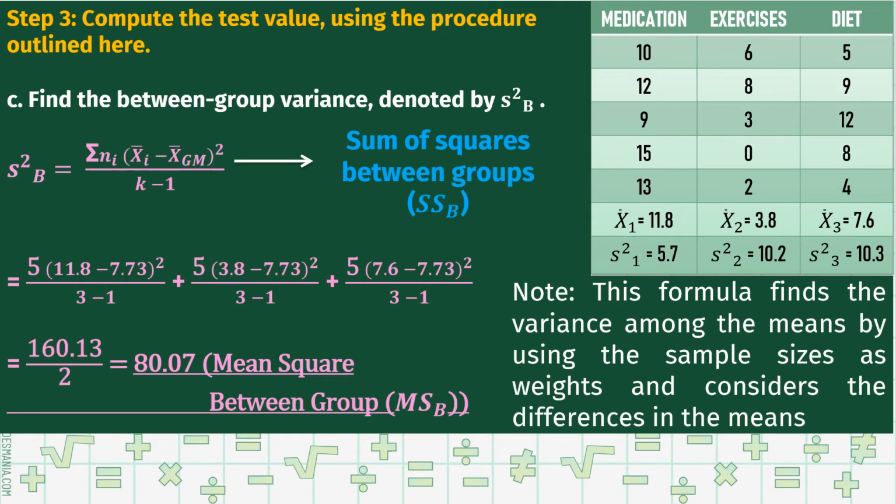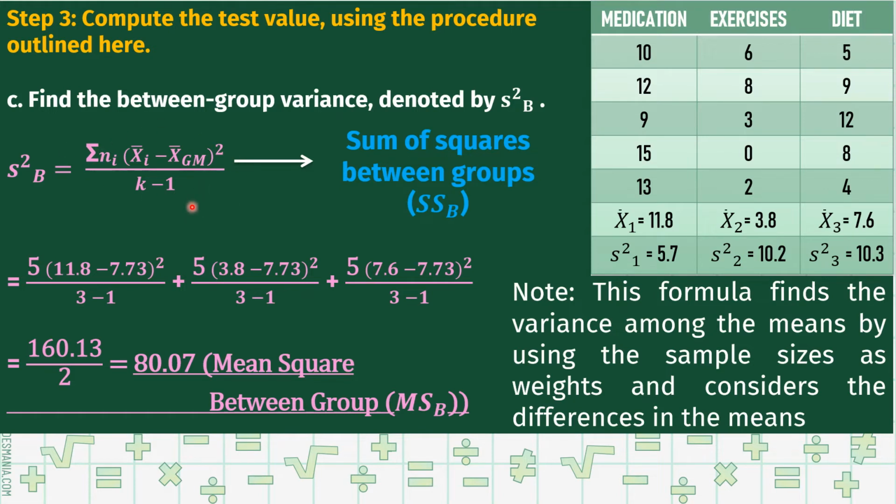For letter C, find the between group variance, denoted by S squared sub B. And the formula in getting the between group variance is the summation of n sub i multiplied by the square of mean sub i minus the grand mean, all over k minus 1.